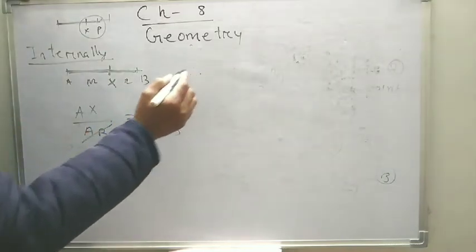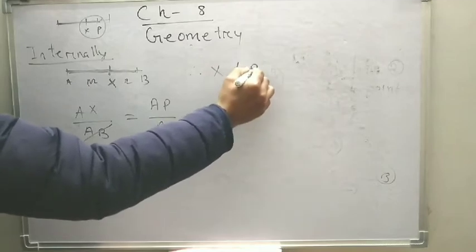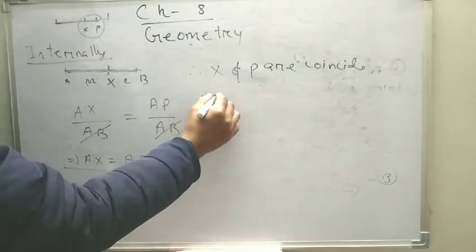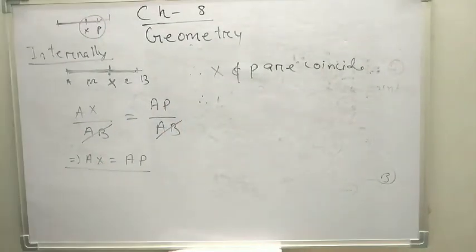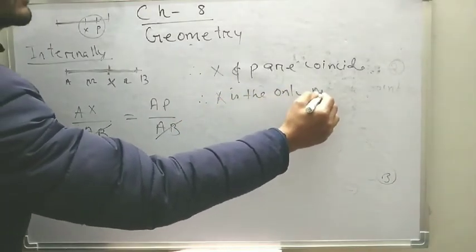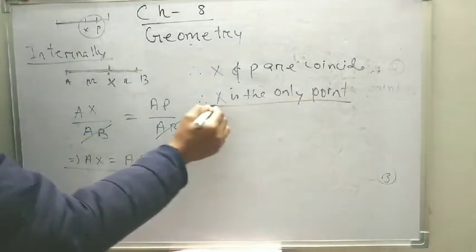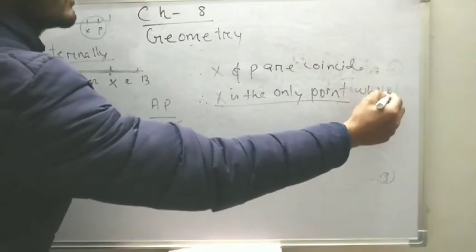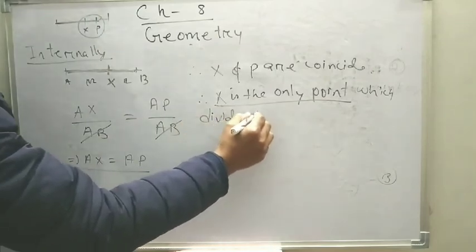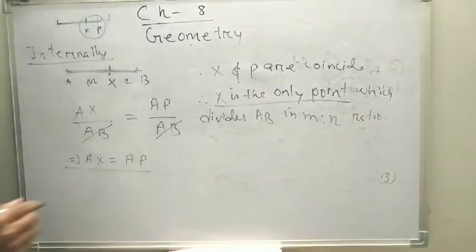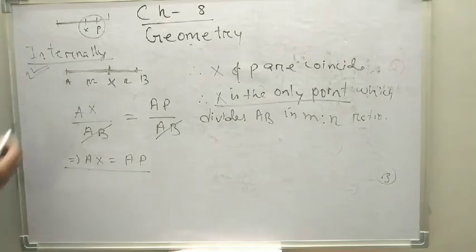So therefore from this what we can conclude is that X is the only point on this straight line which divides AB in m is to n ratio. This is all about the internal division of a line AB.